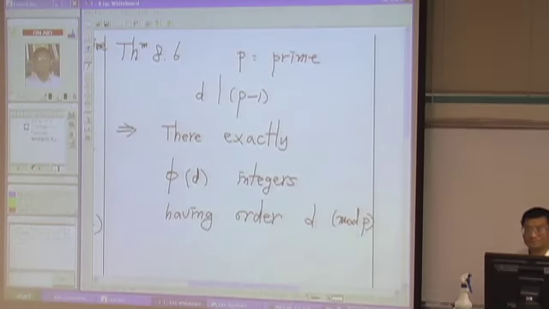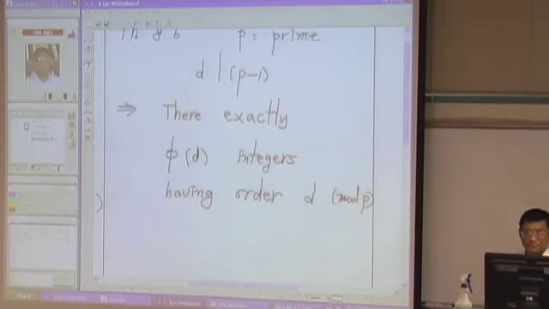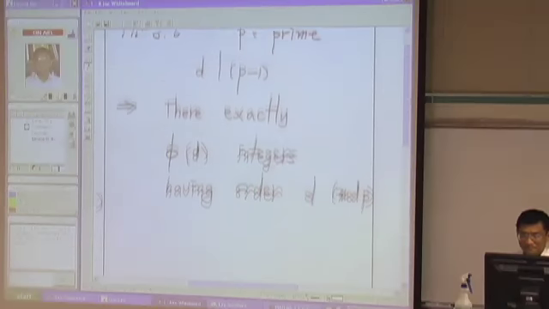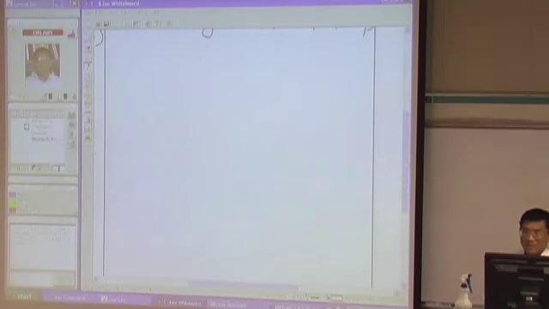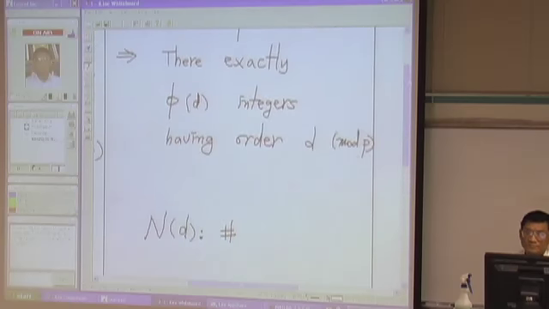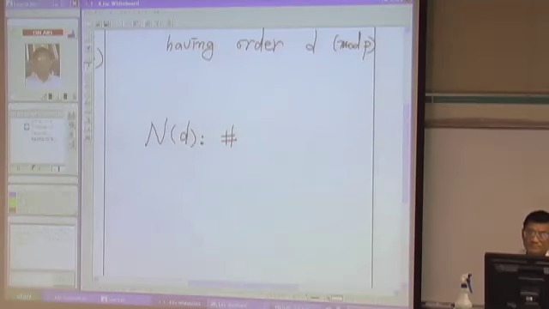So let's begin. Let's use the function n of d to represent the number of integers having order d.